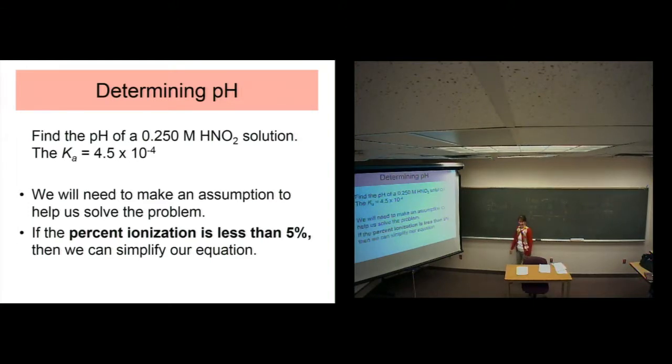So here's my setup. Now we said we're going to go ahead and assume it's less than 5%. So that means this number really becomes 0.250, doesn't it? Okay, so for the 0.25 minus X, we're just going to put in 0.250. And if I get rid of the X down here now, does this make it a whole lot easier to solve?